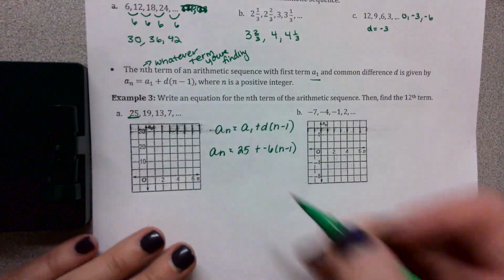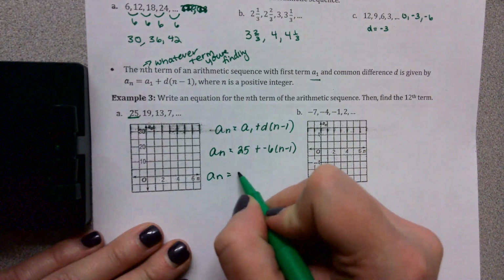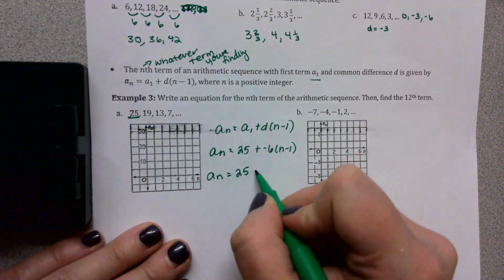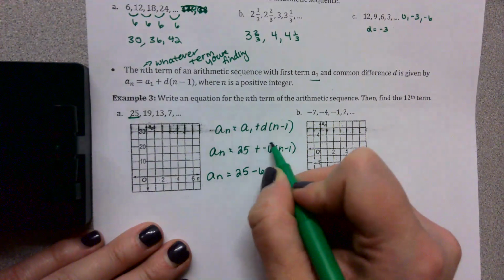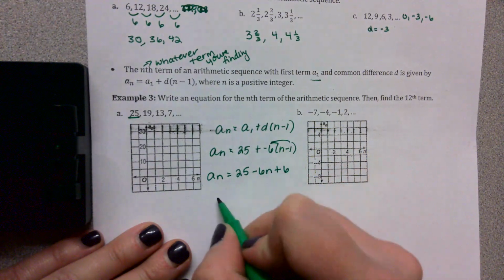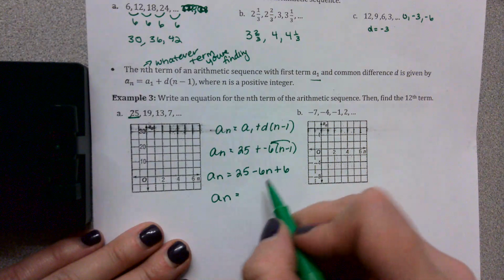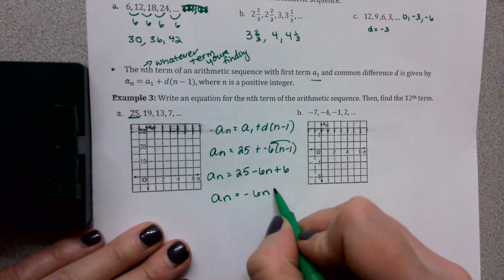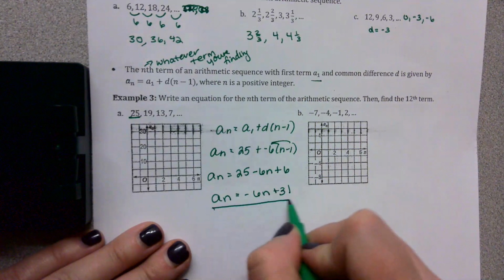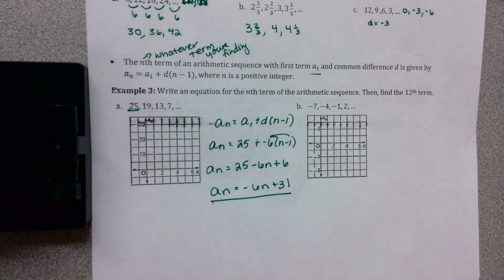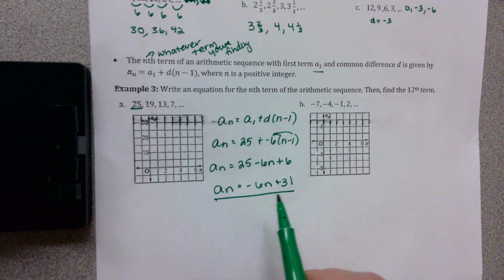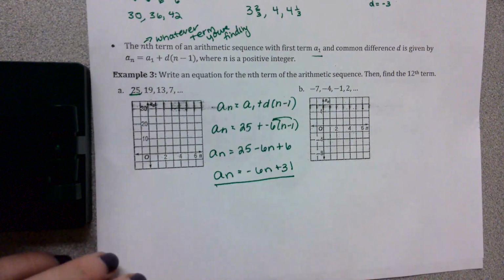So you can leave it like that, but we like to clean it up by distributing that -6, making it +6, so that a sub n, we say sub for subscript, a sub n, whatever term you're trying to find, equals -6n plus 31.